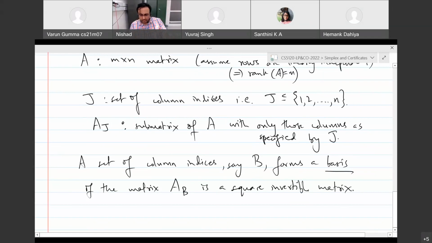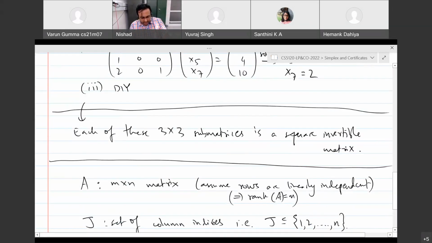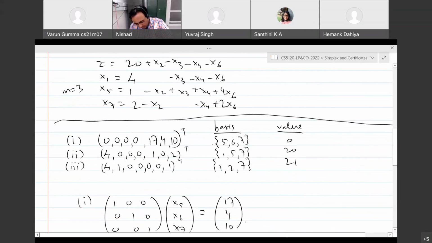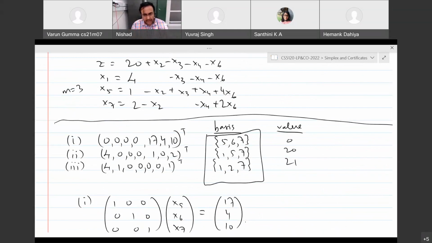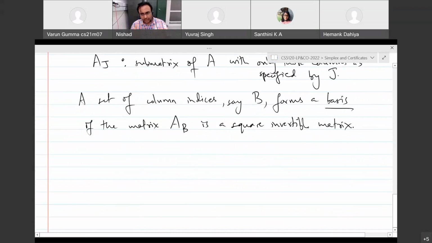Right? In particular, if you look at all of these sets, we call them bases, and that is the definition, right? In other words, a basis corresponds to a maximal subset of linearly independent columns. And now that you have done assignment 1, you know what maximal means, right? You can't add any more columns and keep it invertible, right? Or you can't keep it linearly independent. That's probably the better way to say.